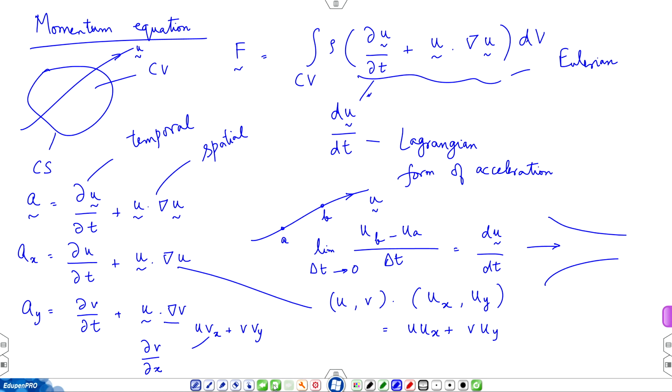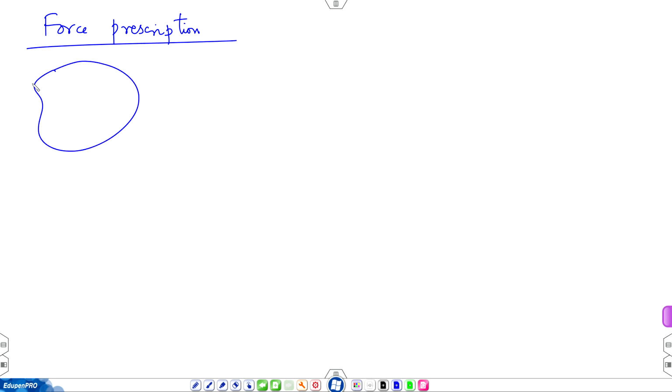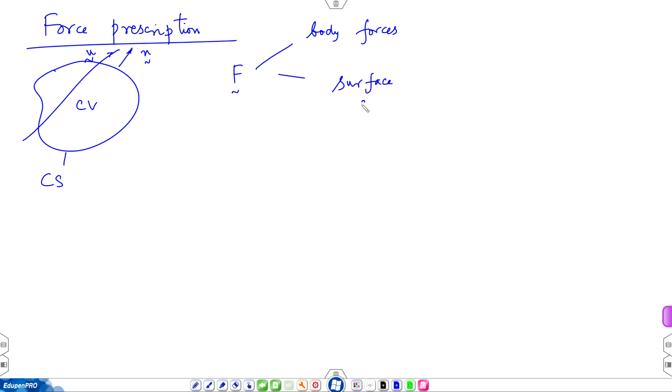So, this force field in the most general setting can be split into body forces and surface forces.